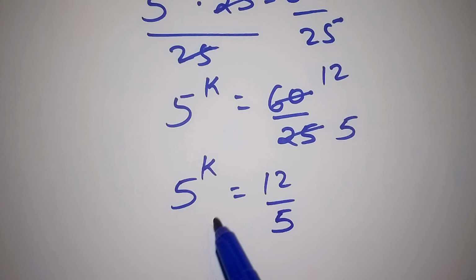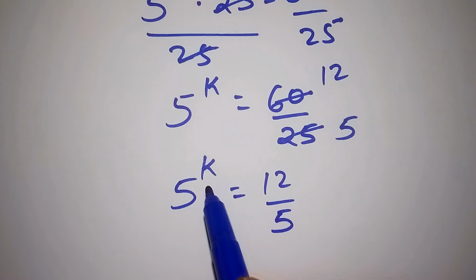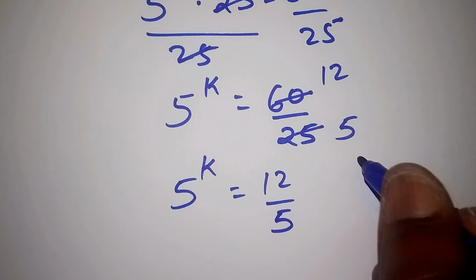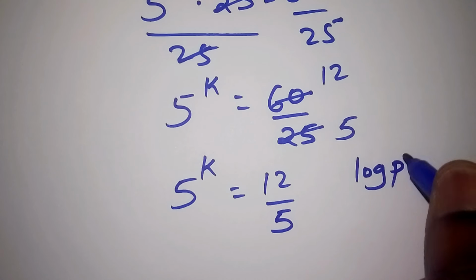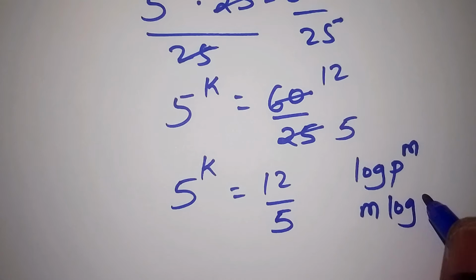So let's now find a way of working it out properly by removing the k. Assuming that we have the log of p to the power of m, this can also be written as m log p.